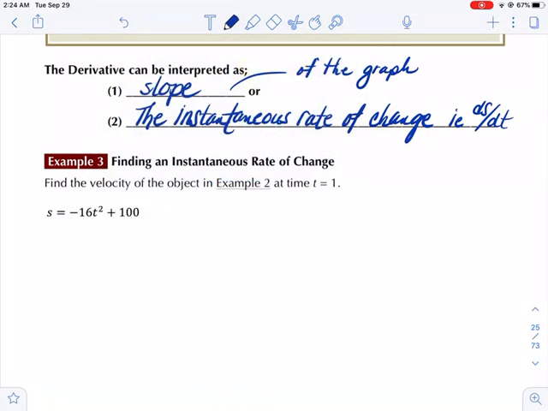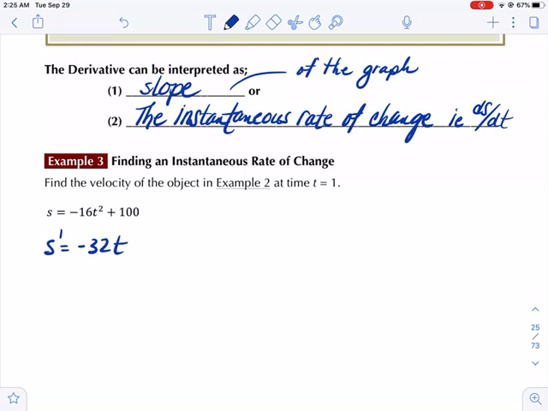So what we're going to look at first in example 3 is finding an instantaneous rate of change. Find the velocity of the object in example 2 at time t equals 1. Exactly time t equals 1. So what we want to do is take the derivative. So we have s prime. My first step is s prime is equal to negative 32t. And then we want to find it at 1, so we're going to plug in 1.